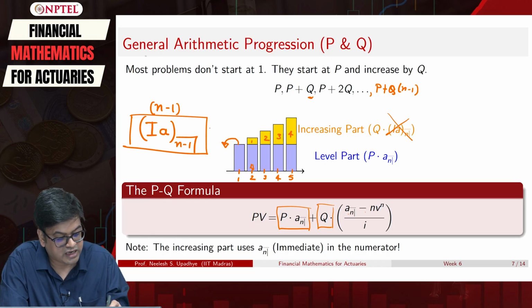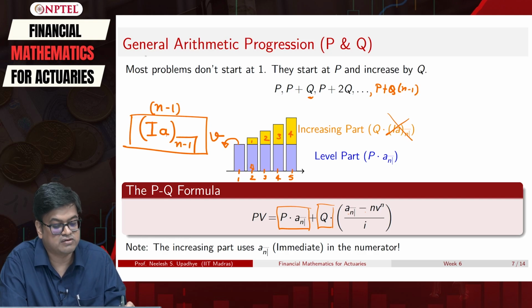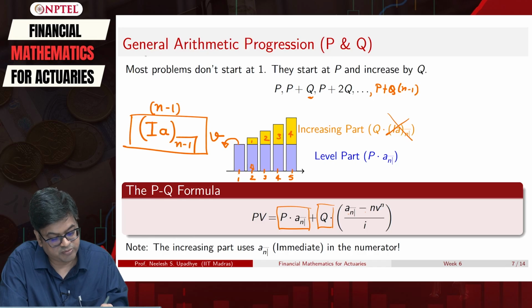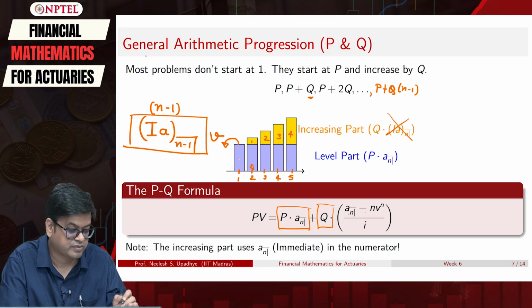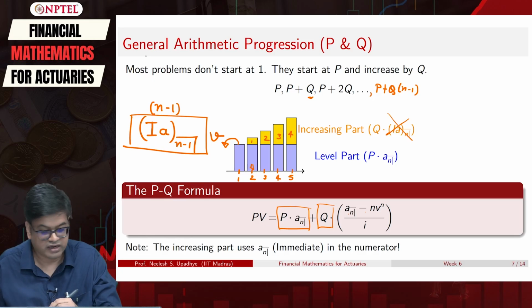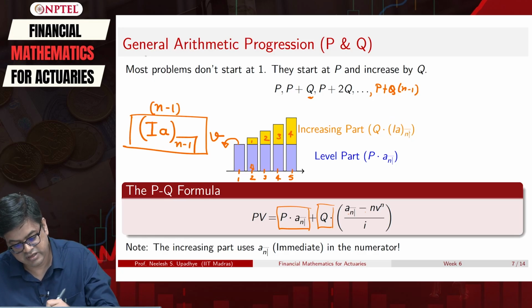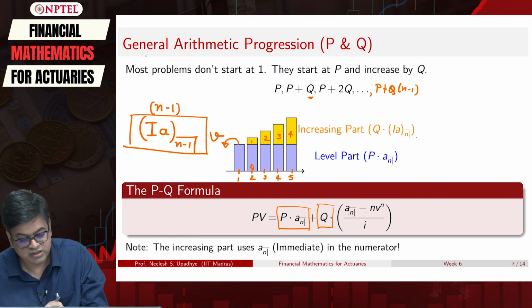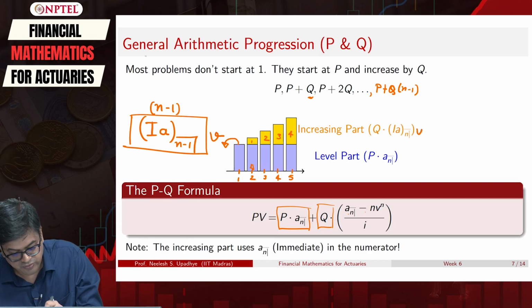That is where I will multiply this value with v, because this value actually is calculated at time point 1 to 0, correct. So, that is what we are looking at. So, I have this IAN and I will multiply this particular number with v, but this n is n minus 1, okay.